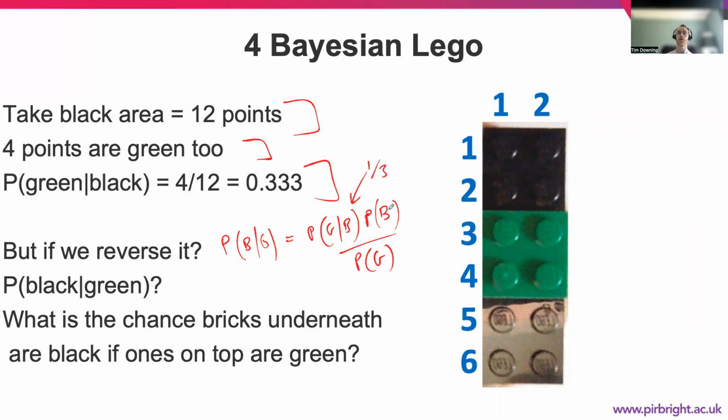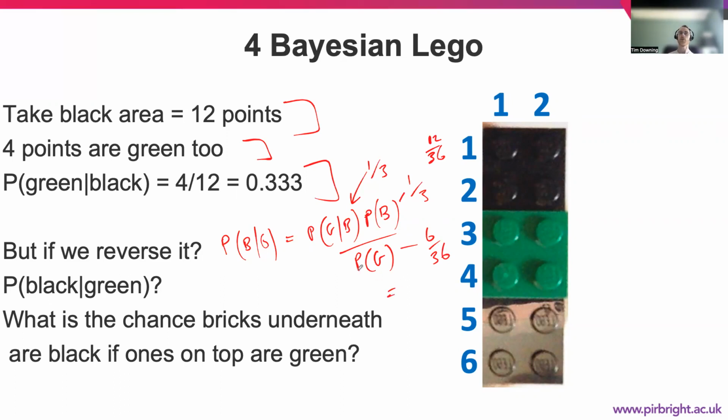Then the probability of any one of these squares being black is going to be 1/3 from our model, because we've got 12 black out of 36 in total. And the probability of green is going to be 6 out of 36. So that's the denominator.